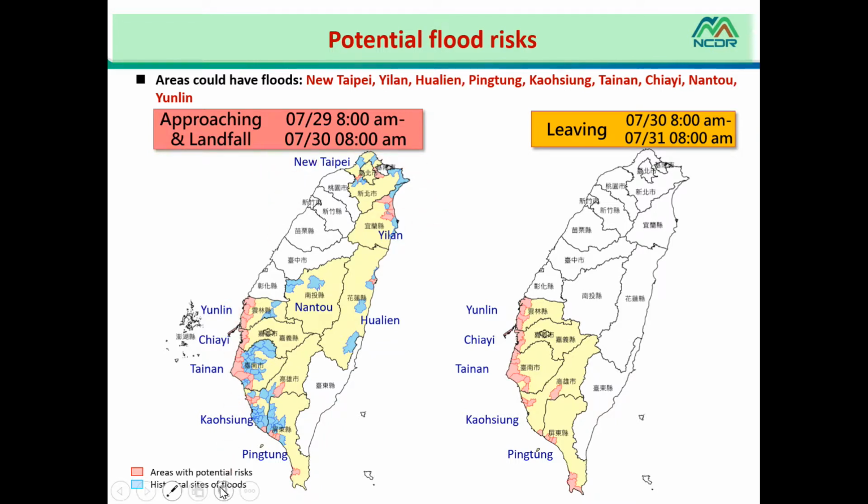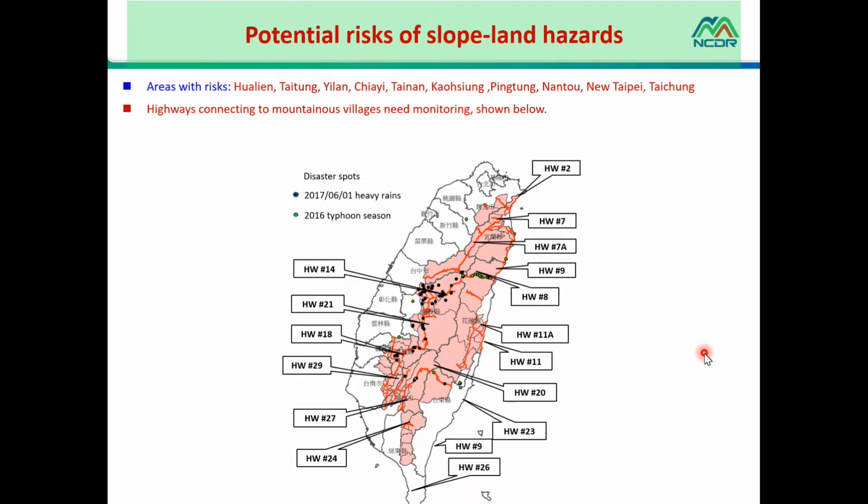This is the area with high risks, or that suffered floods in past events. I mentioned we not just use the numerical model, we also use a lot of historical data to enhance the resolution of our forecast. This is about phase one and phase two, and this is about phase three.